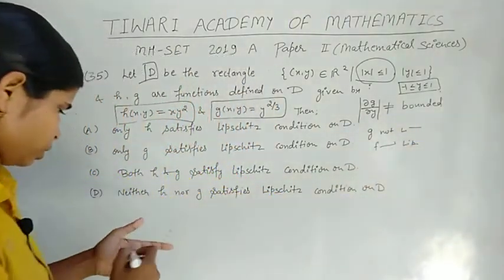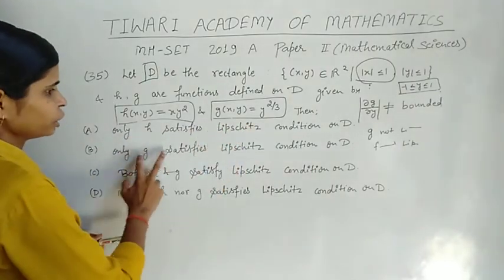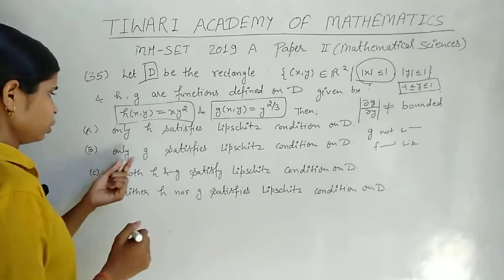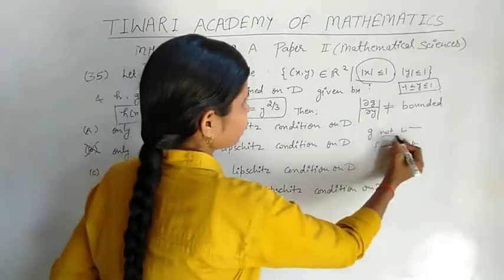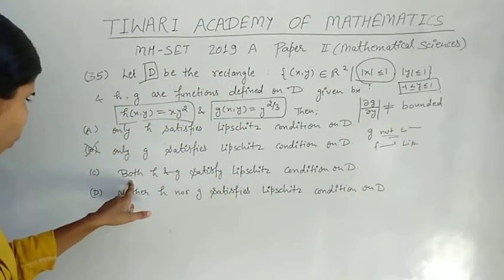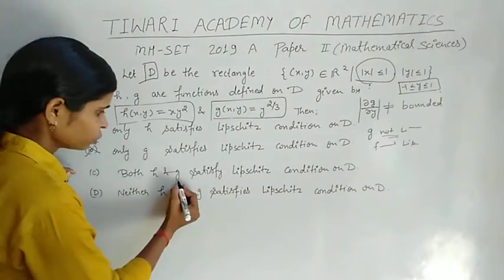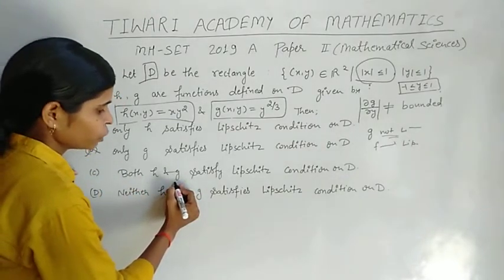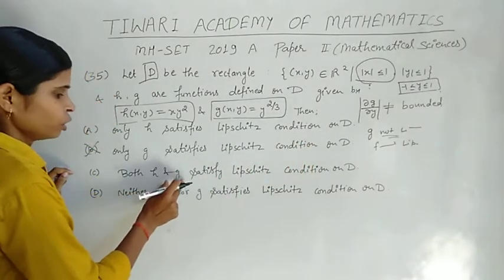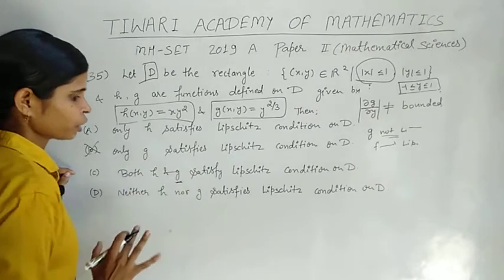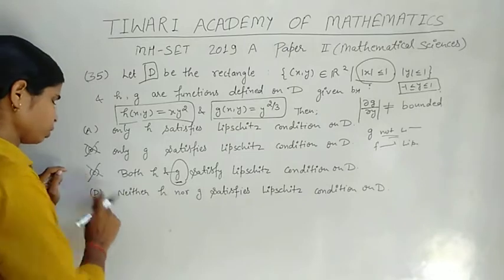So we check the options. Only H satisfies the Lipschitz condition on D, only G satisfies the Lipschitz condition on D. This is a wrong option because G does not satisfy the Lipschitz condition. Option C says both H and G satisfy the Lipschitz condition. We checked G does not satisfy it; if a statement is made from two statements and one statement is false, then the total statement is false.